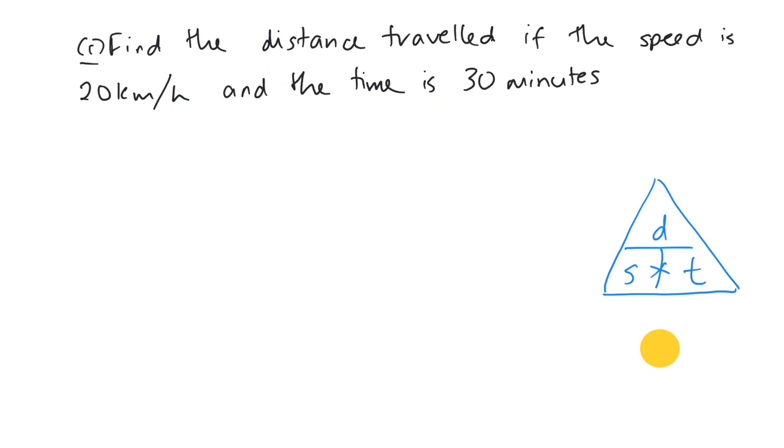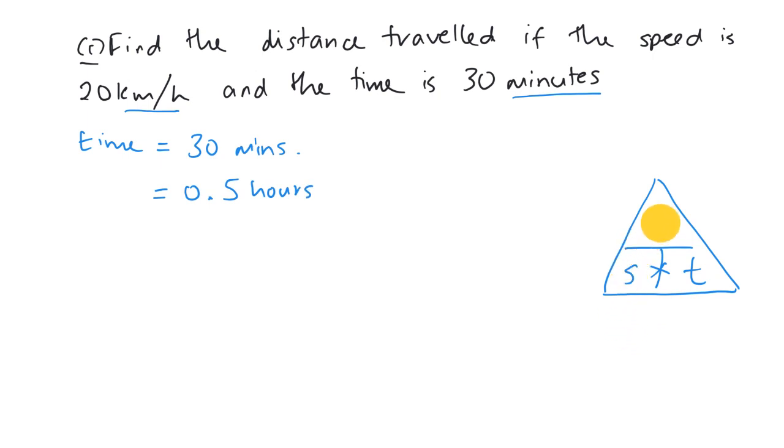Let's see, part C, find the distance travelled if the speed is 20 kilometers per hour and the time is 30 minutes. Again, we'll have to look at whether the units match. We've got kilometers per hour and minutes, so that doesn't work. So our time, 30 minutes, well, we know that's half an hour, so 0.5 hours. And then we say, okay, what formula are we looking for?